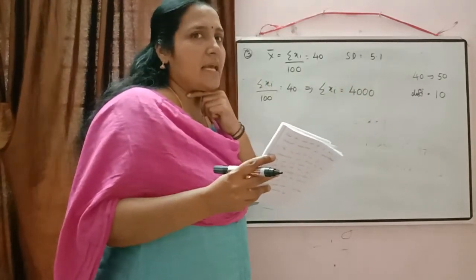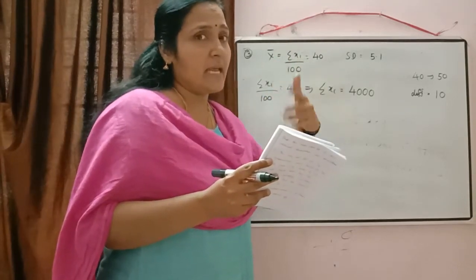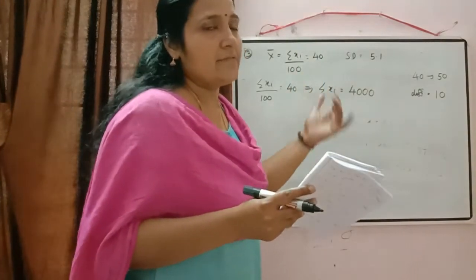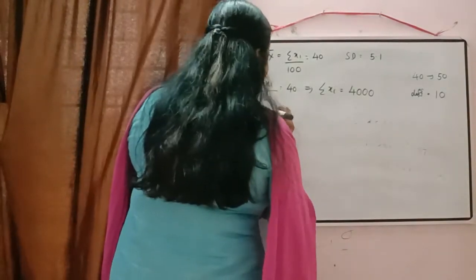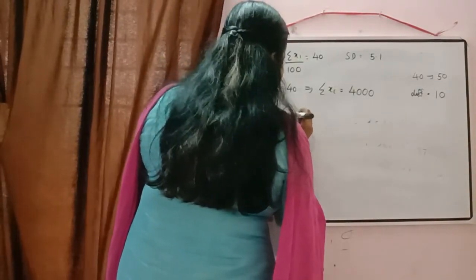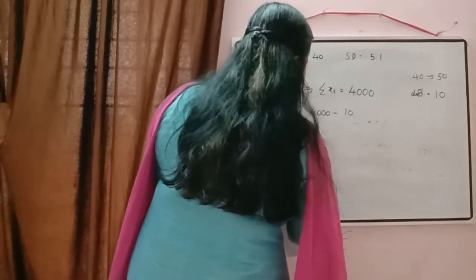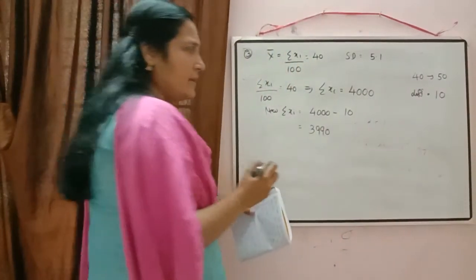Yes, instead of 40 he took 50, means he took 10 more. So to correct our mean, we have to subtract 10 from the total. Now just write down there, new sigma xi will be equal to 4000 minus 10. And 4000 minus 10 will be equal to 3990.